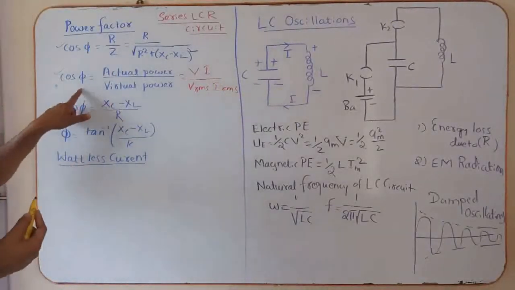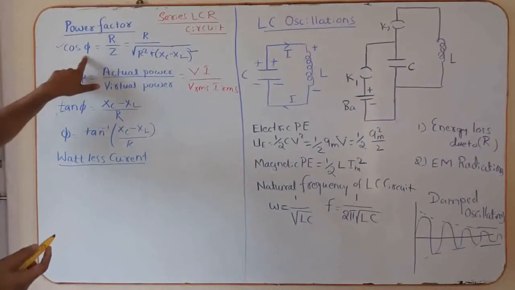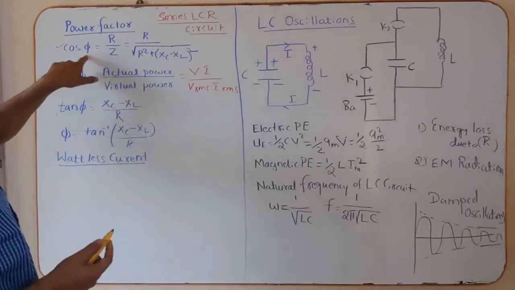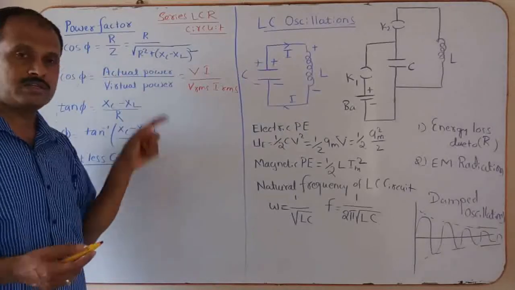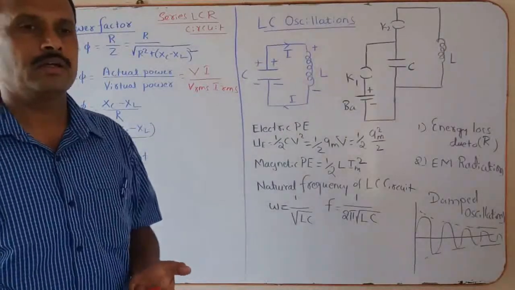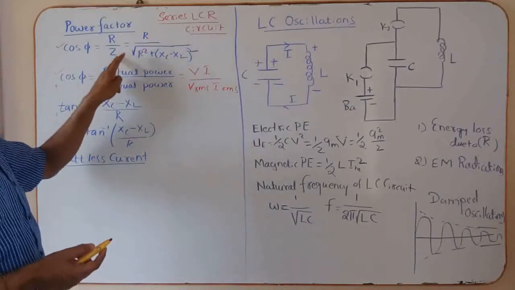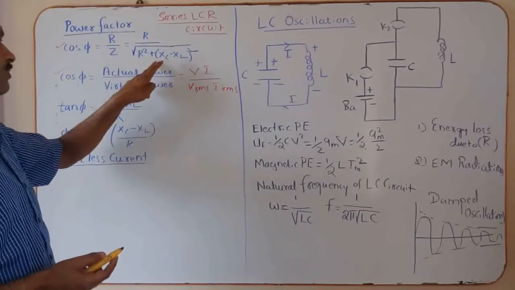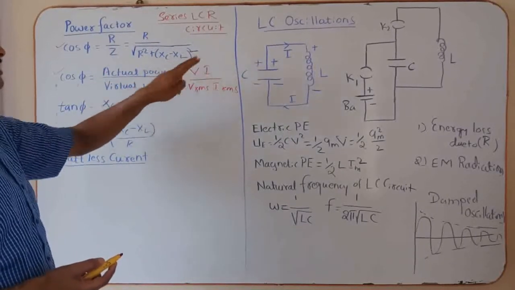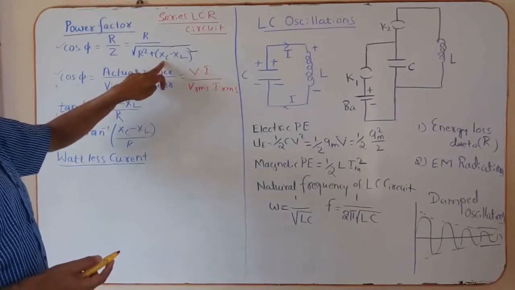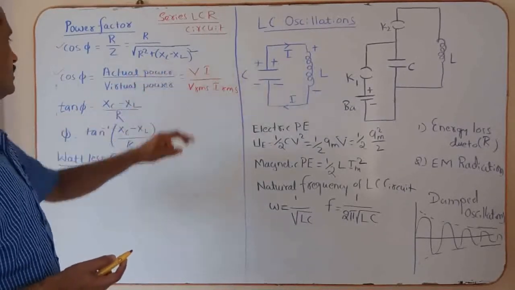Another definition: the power factor is also defined as the ratio of the resistance to the impedance of the circuit. In the LCR circuit, the impedance is the square root of R square plus (XC minus XL) whole square. XC is the capacitive reactance, XL is the inductive reactance.